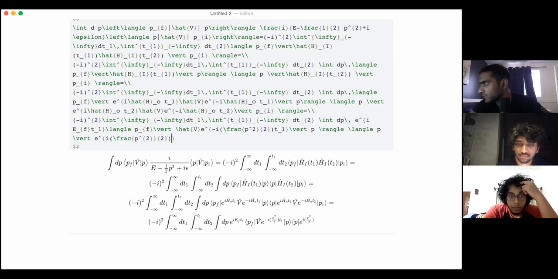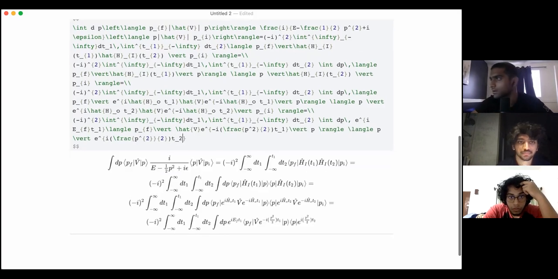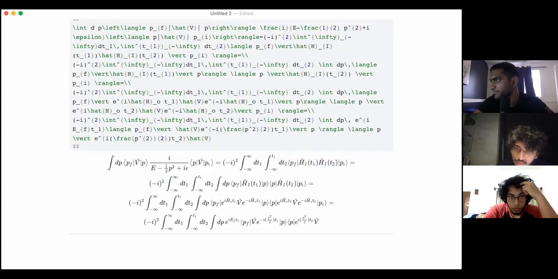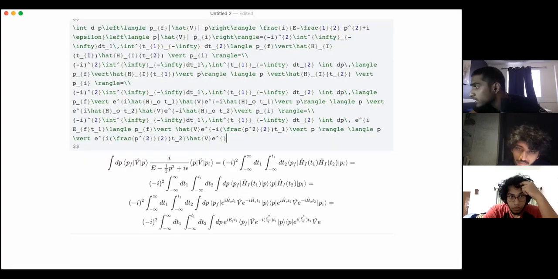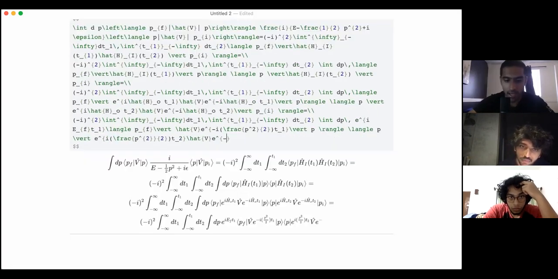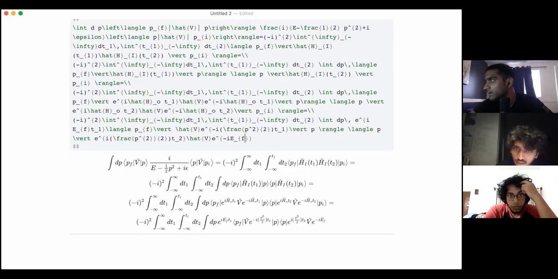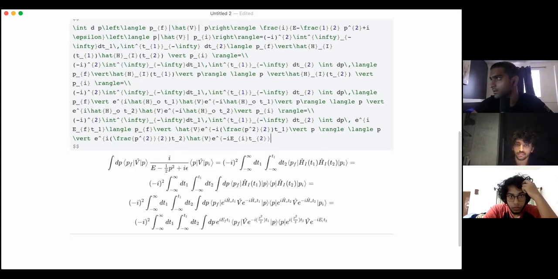And what's the time going to be? T2. Right? Yep. Then pulling it out will be another e term. This is going to be minus i E_F... E_I, sorry, E_I t2.